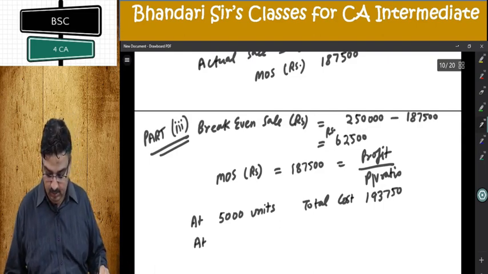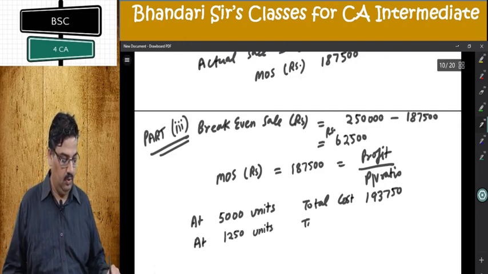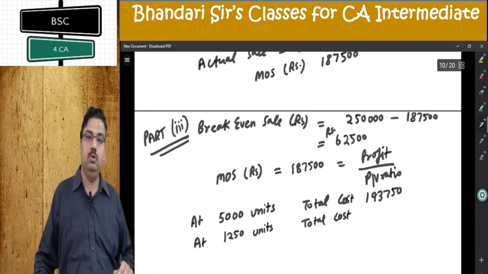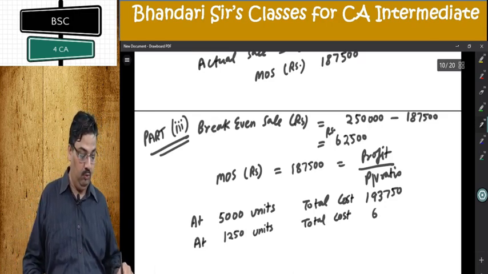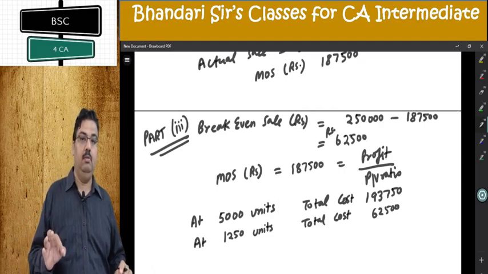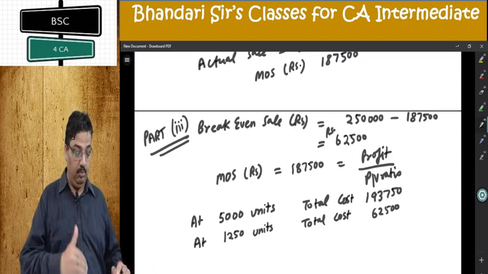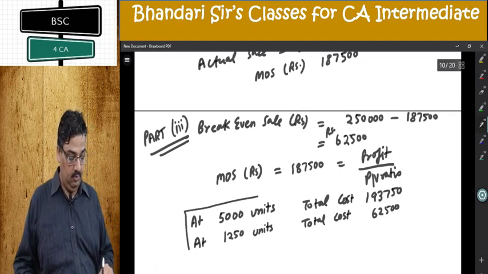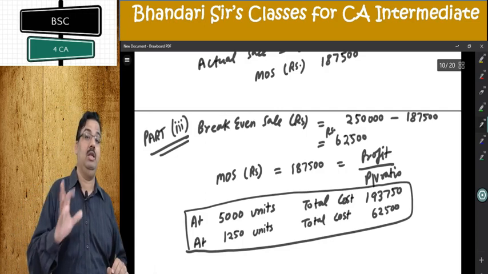At break-even point, 1250 units, my total cost should be equal to sale revenue at that level, 62,500. At break-even level, sale amount equals cost amount. From there I can get the variable component of cost. Use the segregation formula.